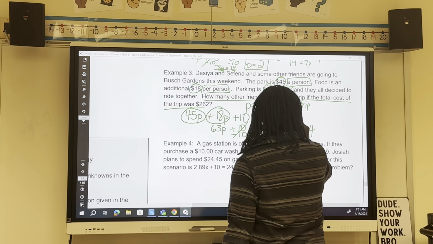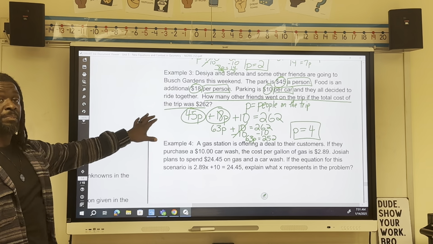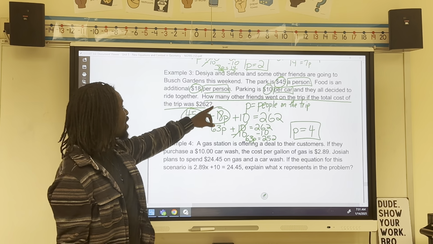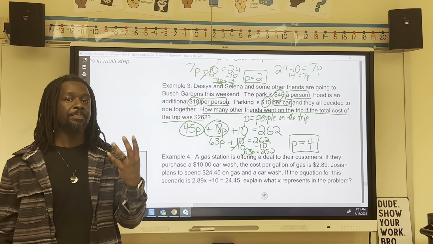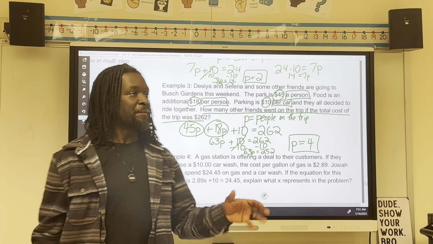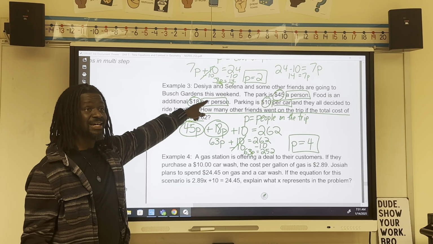okay? So P equals 4, but I have to be careful here because it says how many other friends went on the trip, okay? So 4 people went total, but 2 of those people are Desaya and Selena, okay?